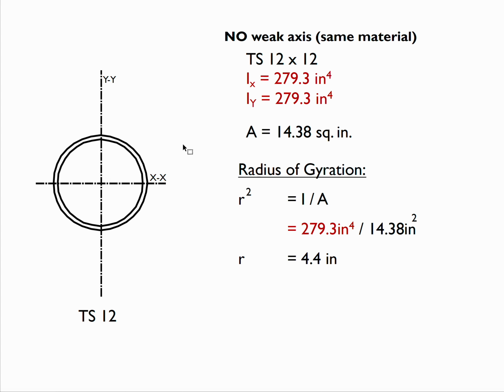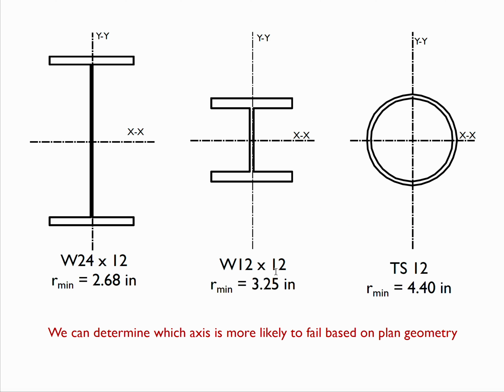If we take a circle, that has the same moment of inertia on either axis. Its overall area, go through the math, and that's a 4.4. So in other words, we have a 2.68 to a 3.25 to a 4.4. The higher the r value, the more resistant to buckling. This tells us what we intuitively know and what we covered in the last few slides.